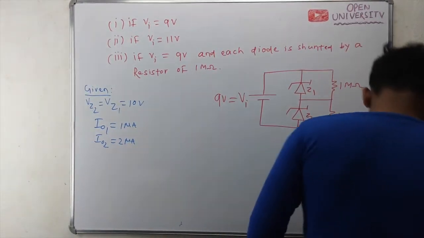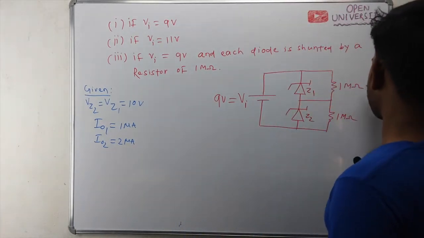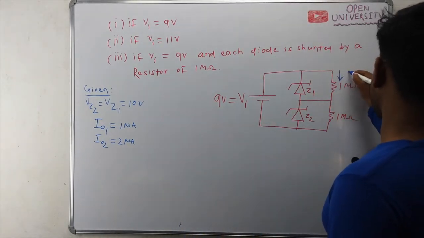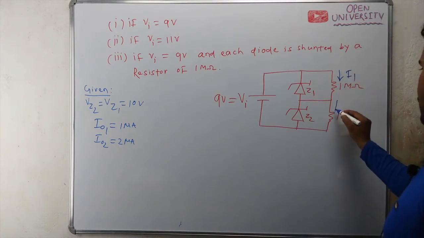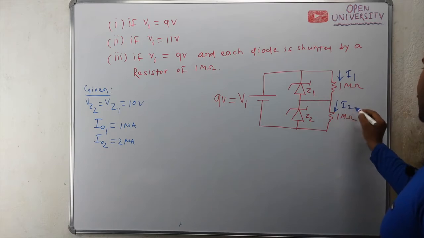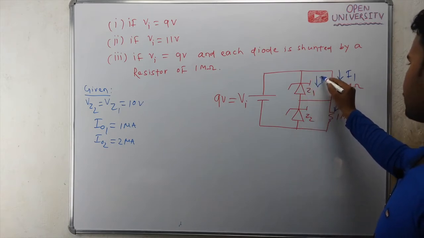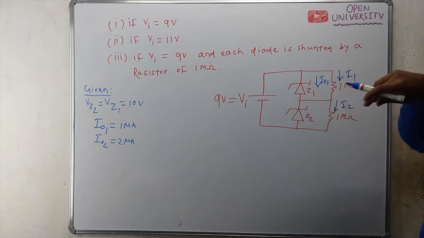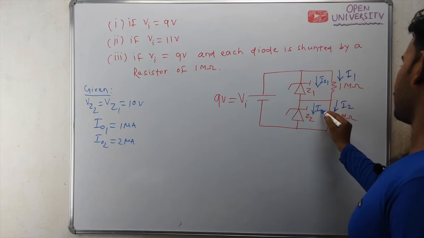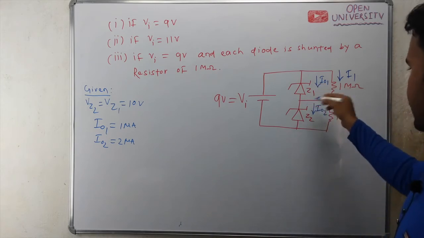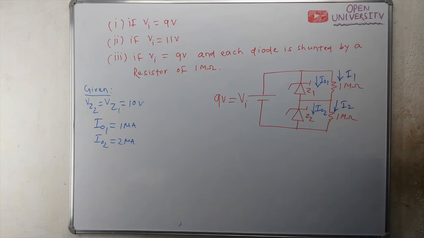Let the current through this 1 mega ohm resistor be I1, and through this resistor be I2, and you know that the current through Z1 is I01, and the current through Z2 is I02. Now they are not in series, so their reverse saturation currents will be different.